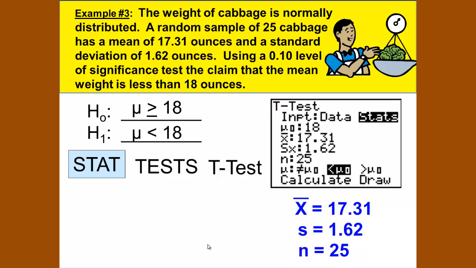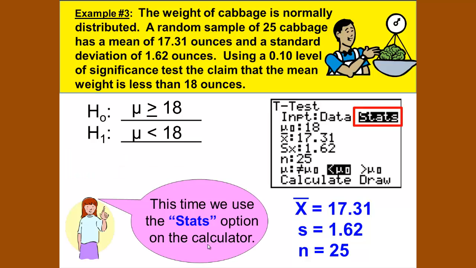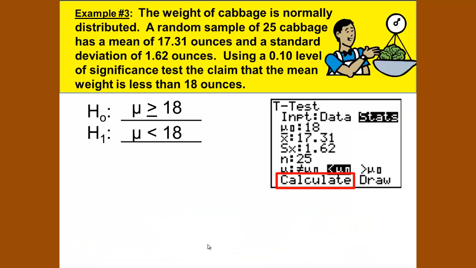So we will use the Stats option on the calculator. We will put in the 17.31, the standard deviation of 1.62, the sample size n of 25, and the alternate hypothesis as less than, and then we will choose Calculate.